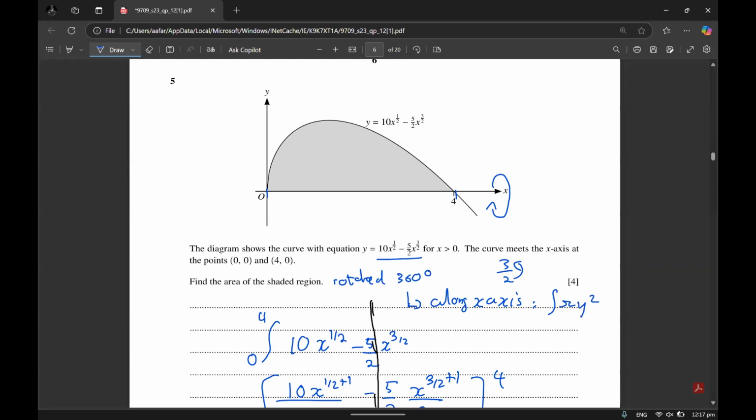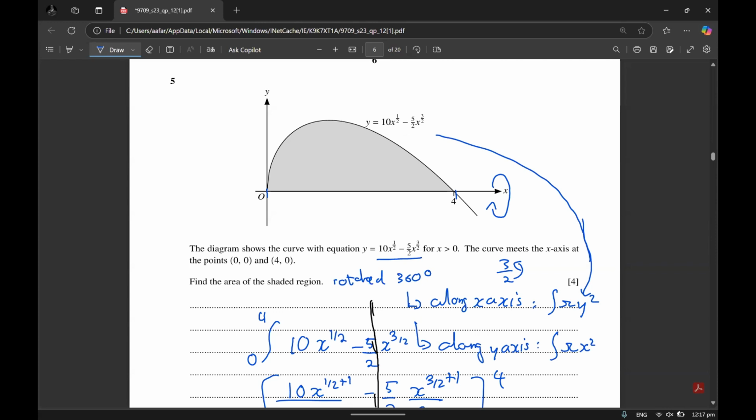Y squared means that you substitute the equation in this y. But when it says along the y-axis, then it is pi x squared.